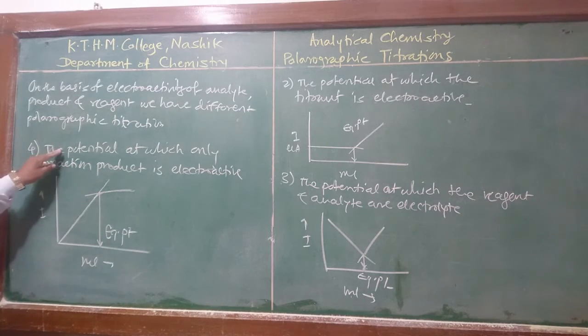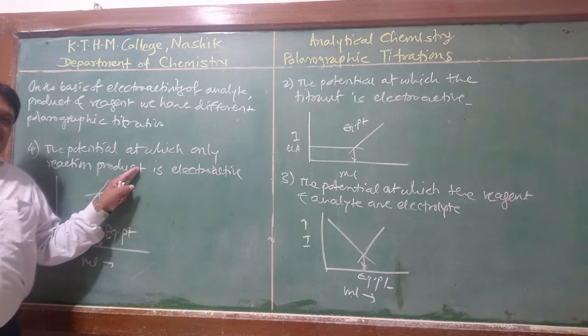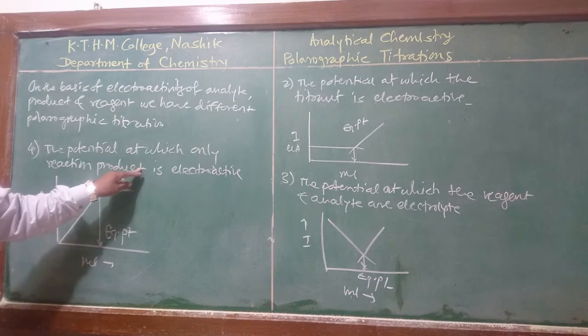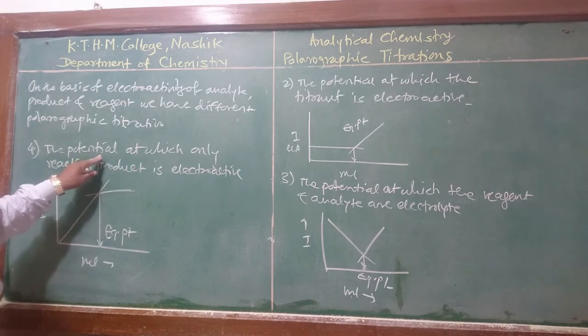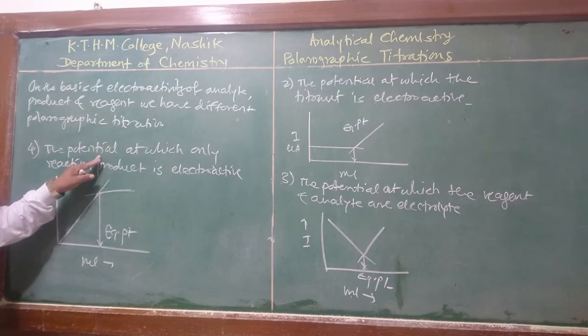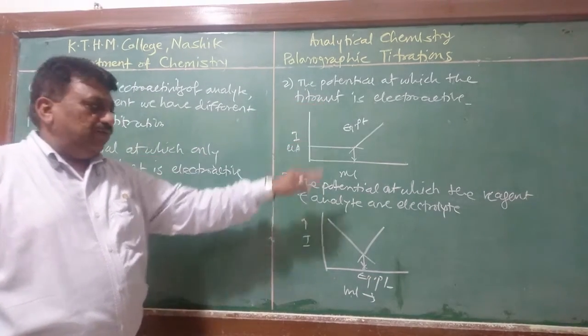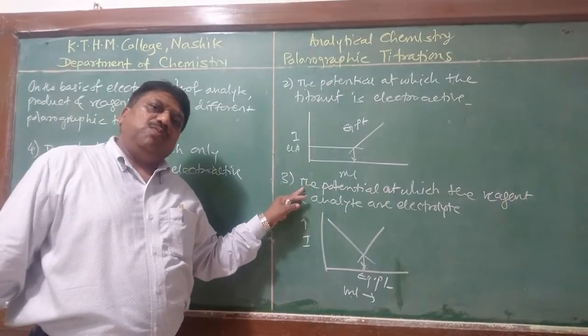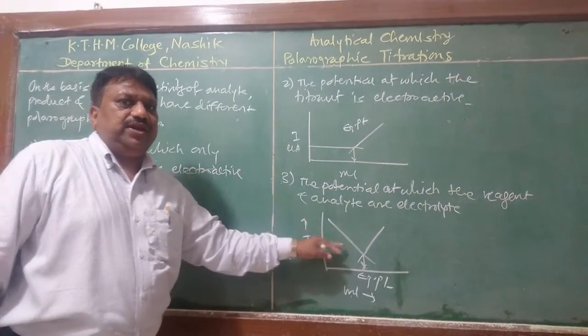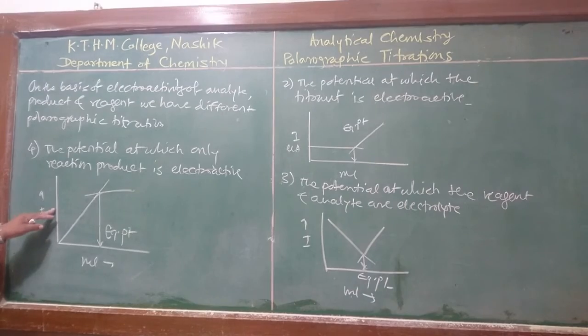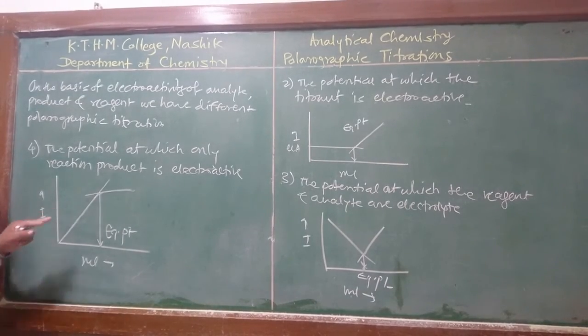Now these are basically four different types of polarographic titration, carried out at a potential at which the analyte is electroactive, the potential at which the titrant is electroactive, the potential at which both analyte and titrant are electroactive, and the potential at which the product is electroactive.